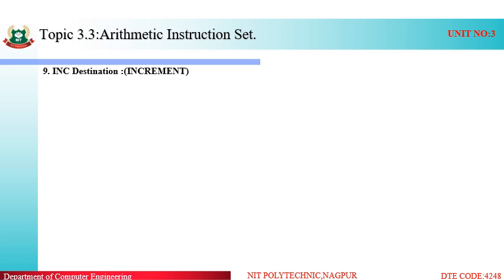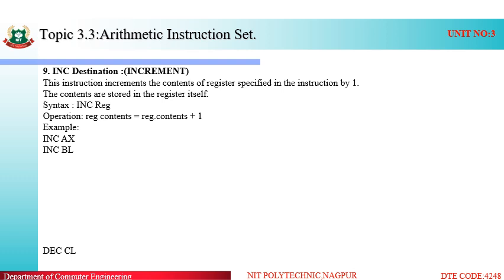Now coming to the next, that is increment. Increment stands for INC. INC destination. It will increment the contents of the register specified in the instruction by 1. Suppose we use INC BL. Inside BL there is 5, so it will be incremented by 1, and BL will become 6. So it is a simple increment instruction.